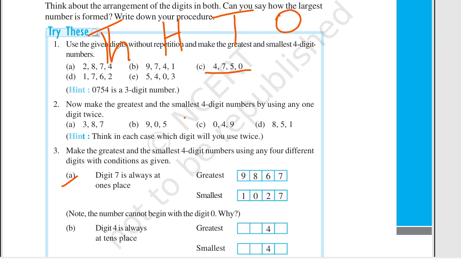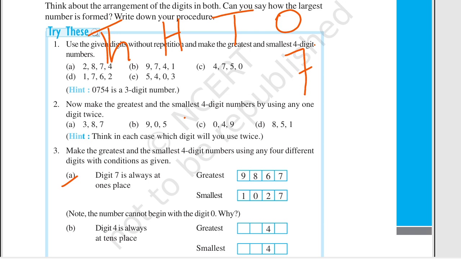The condition is given that 7 is always at the ones place, means we have to write 7 on the ones place. Okay, so on the ones place we have written 7.